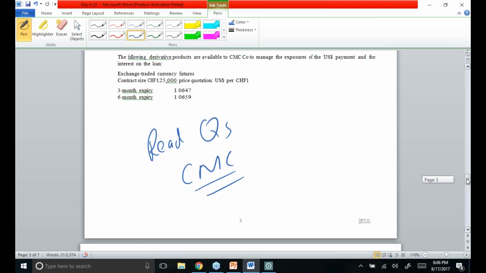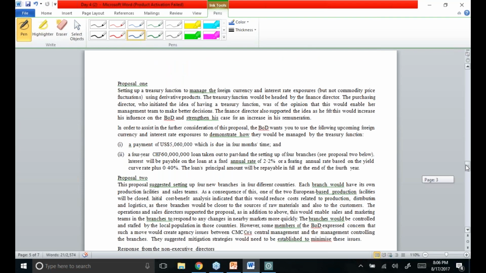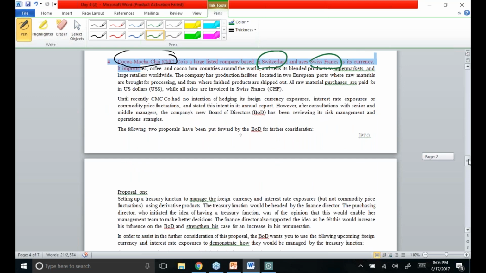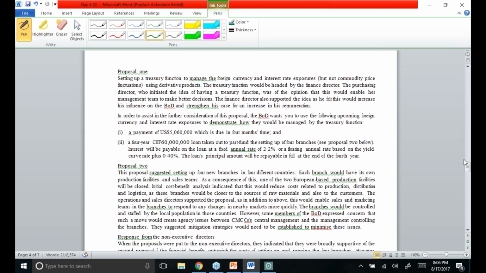Okay, the question was, you are in Switzerland and your currency is Swiss francs, and you have to pay in US dollars after 4 months.